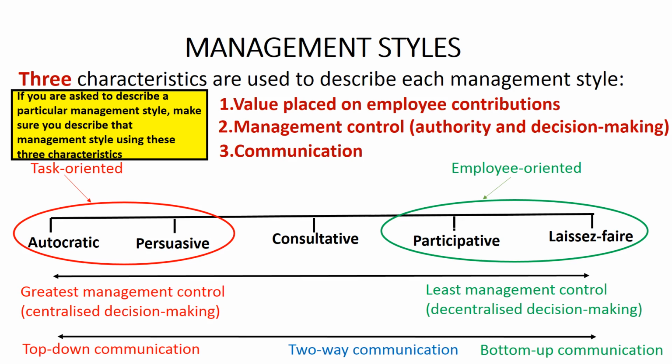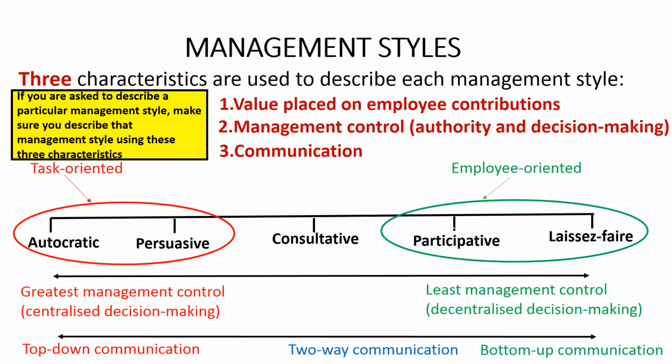You can also see that there is a progressive reduction in management control, that is, an increasing decentralization of authority and decision-making as we move from a consultative management style to a participative management style and then to a laissez-faire management style.